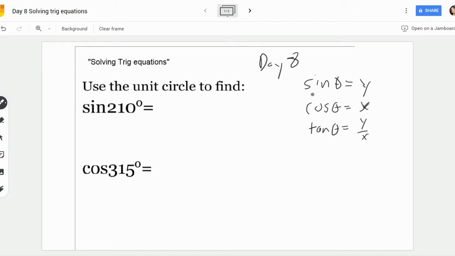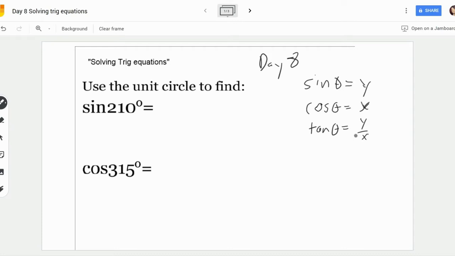Basically sine is the opposite over hypotenuse, but on a unit circle the hypotenuse is 1, so y over 1 is y. Cosine is the adjacent in a triangle with theta as a reference angle, and it's the x direction, or adjacent over hypotenuse, and tangent is opposite over adjacent, so y over x.